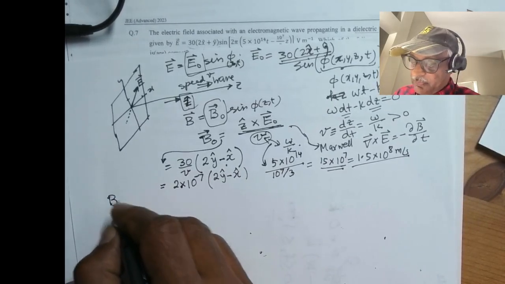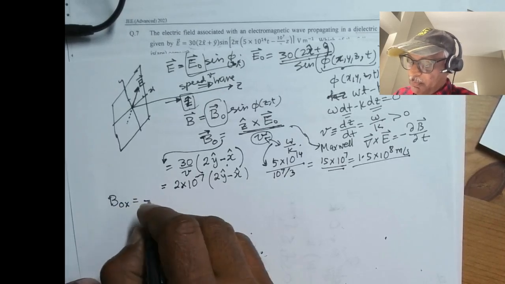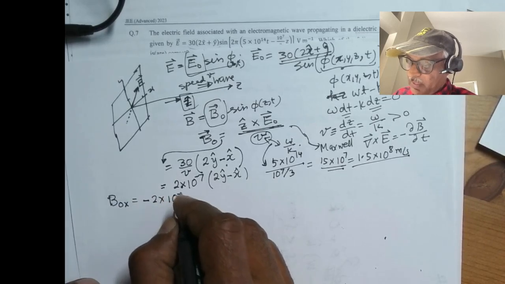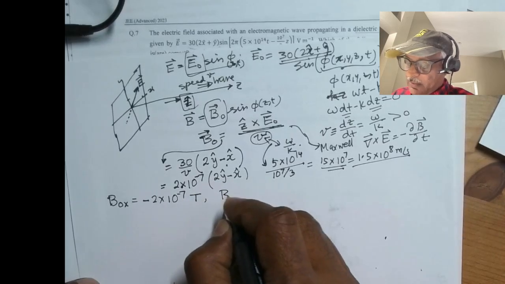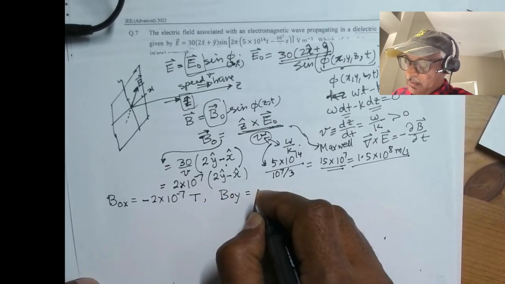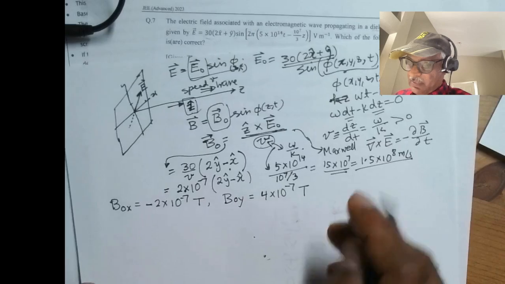So B0x equals minus 2 times 10 to the power minus 7 Tesla, and B0y is 4 times 10 to the minus 7 Tesla.